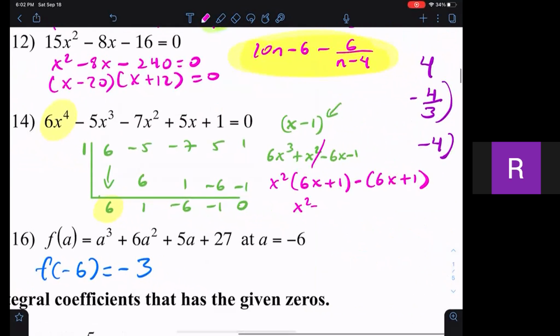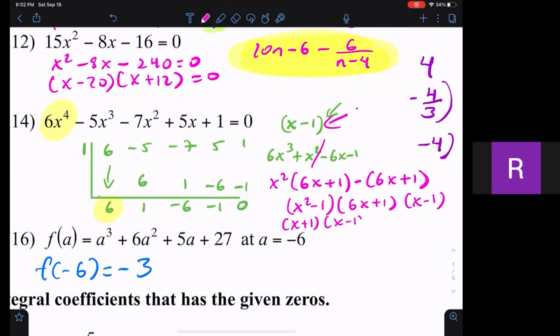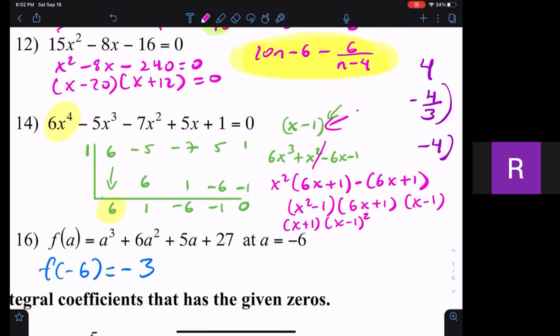So we have x squared minus 1, 6x plus 1, with the other factor that we found originally, the green one, x minus 1. So this is going to be x plus 1, x minus 1, and then we have x minus 1, so that's going to be x minus 1 to the second power, 6x plus 1, and that's it. That's the answer, because they just want us to factor. So we're done. Okay?